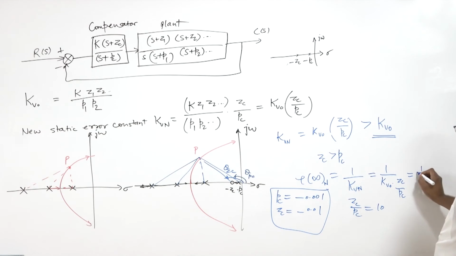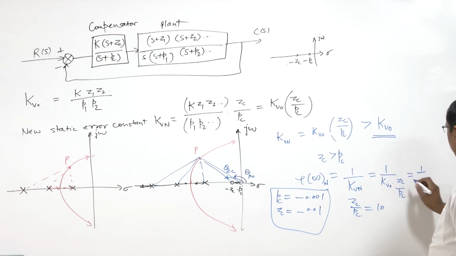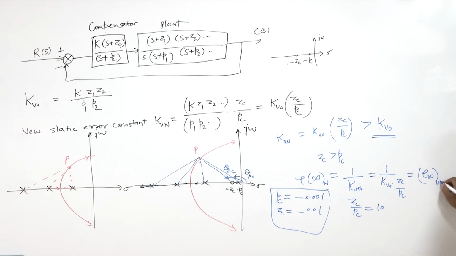So here we can write 1 by KV0, which is E infinite of the uncompensated system, by ZC by PC. So if this is 10, we can have the steady state error 1 by 10 of the uncompensated system.